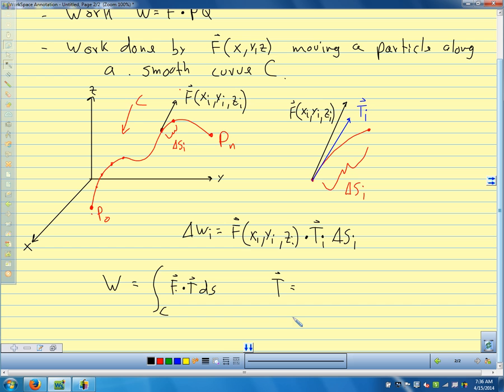So our unit tangent vector was r prime over the magnitude of r prime. And ds, and we used this yesterday, was the magnitude of r prime dt.